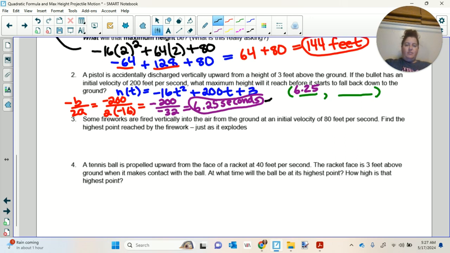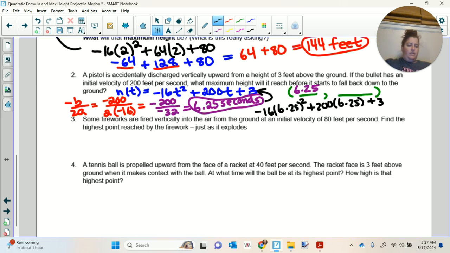Again, we're going to take that 6.25 seconds and plug it in to that equation that we wrote. And so we're taking negative 16 times 6.25 squared plus 200 times 6.25 plus 3.